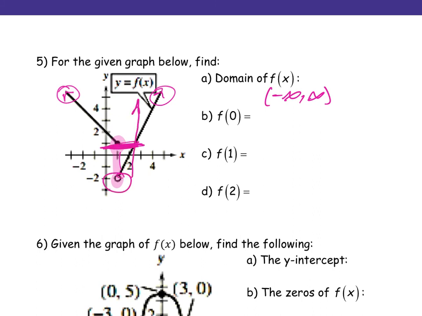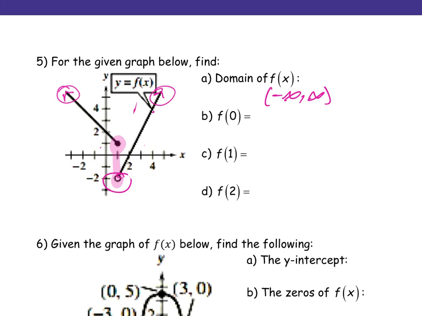So this vertical break doesn't really matter because there's still a line right here that's going. It doesn't interfere with my range either. Even though it looks like it might, it doesn't, which sometimes it does. Not often, not if it's a function usually.